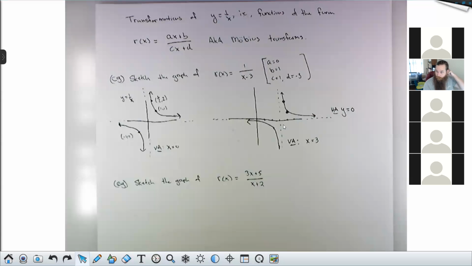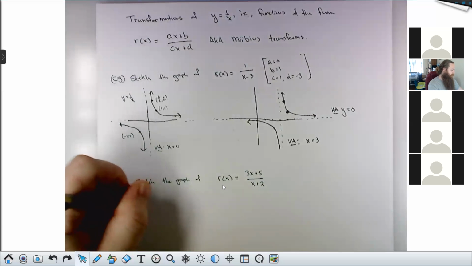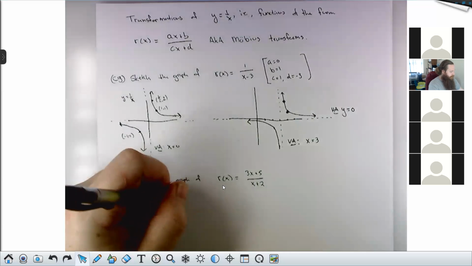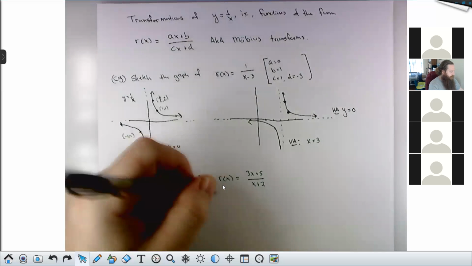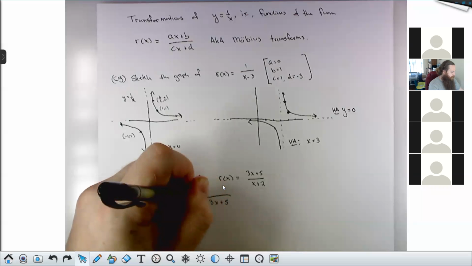So if the degree of the top is not strictly less than the degree of the bottom, we call that an improper rational function, just like an improper fraction where the top is bigger than the bottom. So here, if I want to kind of clean this up, I'm going to long divide. So the thing I'm dividing by is x plus 2, and the thing that's being divided is 3x plus 5.